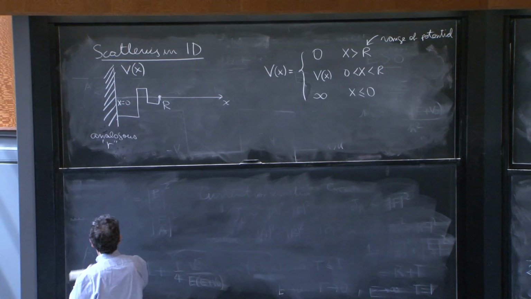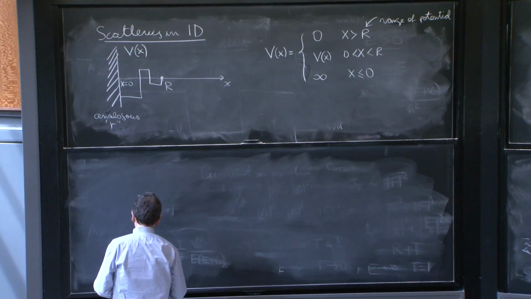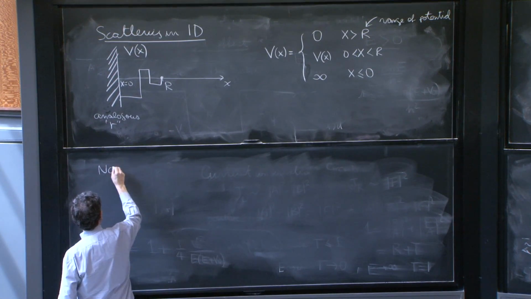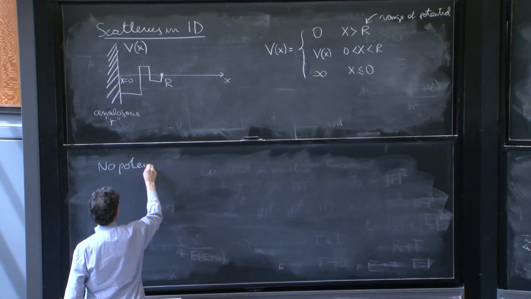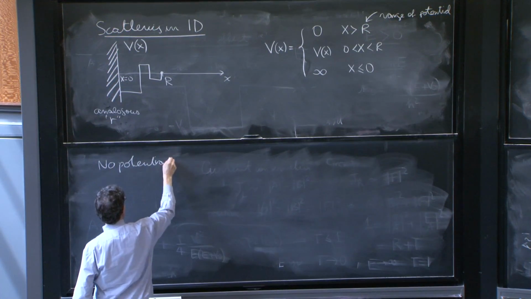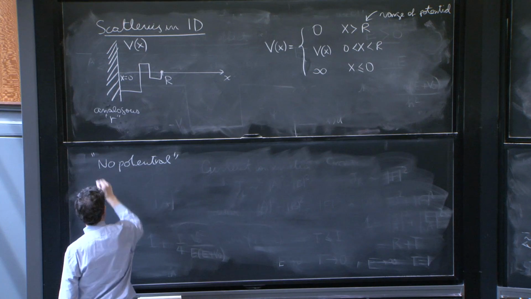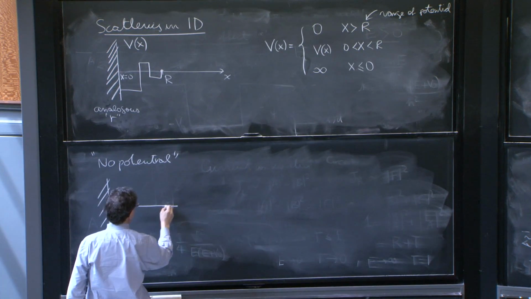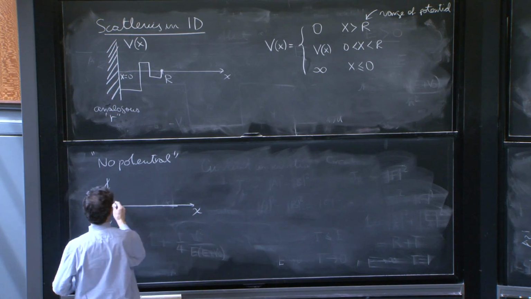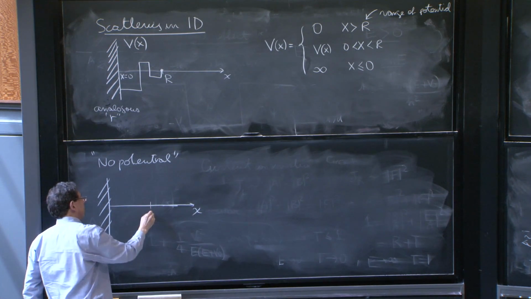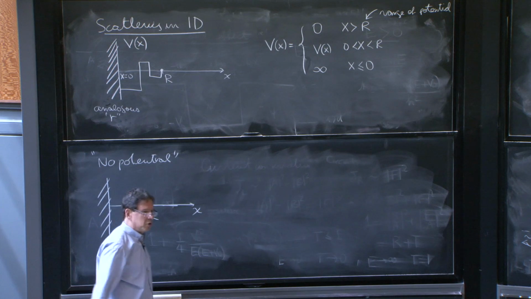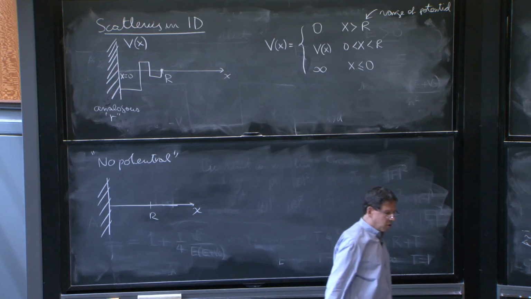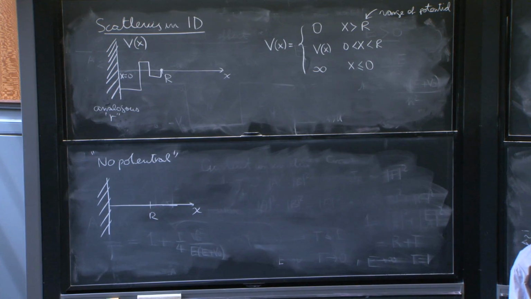So you'll have just the case of no potential. It is the case where you have the barrier here, and x is over there, and up to r, nothing is happening. It's just the wall. That's all there is, just one wall.